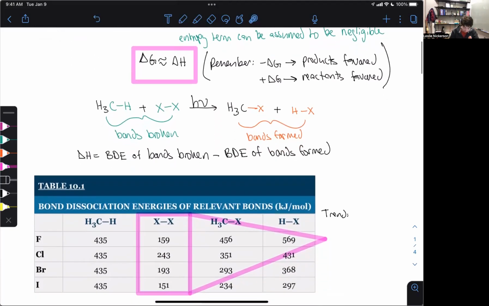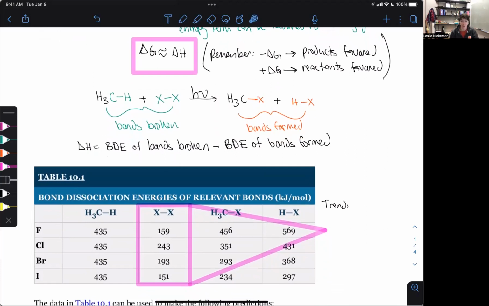These are the bond dissociation energies of a handful of relevant bonds here, because we're looking at the sum of the BDE of the bonds broken, and then subtracting the sum of the BDE of the bonds formed. Depending on whether that's negative or positive, that gives us an idea of whether or not this reaction is favored.